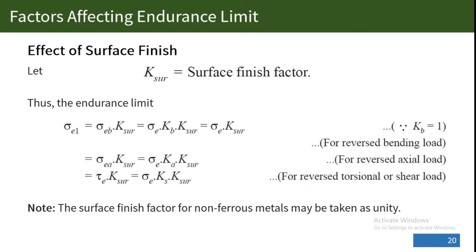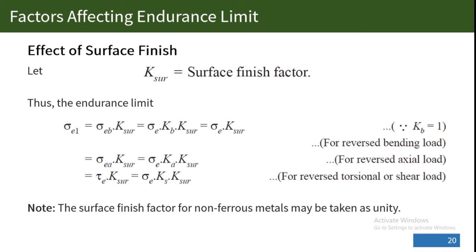Meanwhile, for a machine subjected to reversed axial load, the endurance limit is equal to sigma sub E times the load correction factor for reversed axial load, K sub A, and the surface finish factor. The same concept is also used in determining the endurance limit when the machine member is subjected to reverse torsional or shear load.